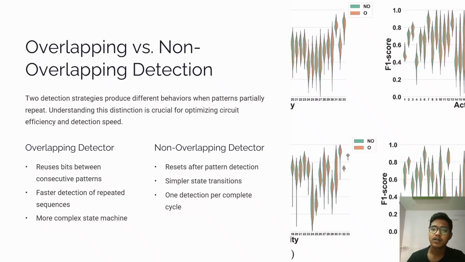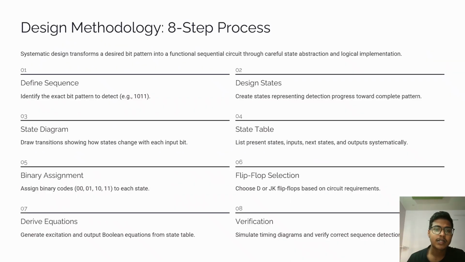Next is design methodology. We discuss the types of sequential detectors that I mentioned previously. In an overlapping detector, the circuit can reuse bits from the previous detection to find the next one.